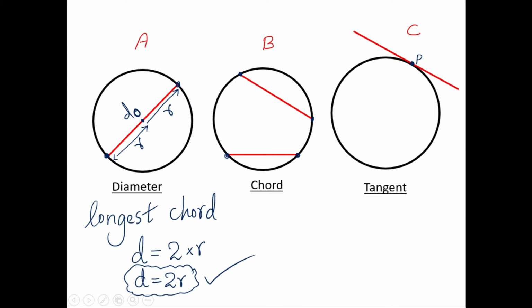Moving on to the next part, talking about the area of the circle. We take the center O and the radius of the circle as R. The area of a circle is given by the formula pi r square. Where pi stands for the constant, which is 22 divided by 7.